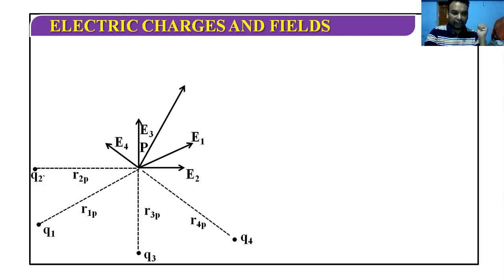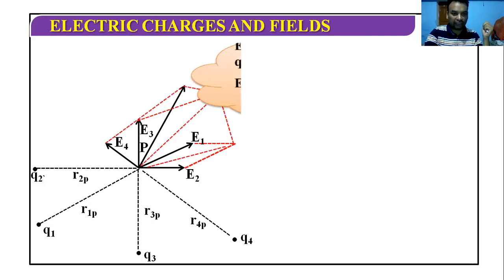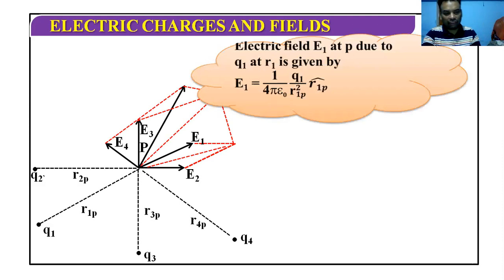Finally, our target is to find out the net electric field at this point P due to all these four charges. By the principle of superposition, we can find it very easily.